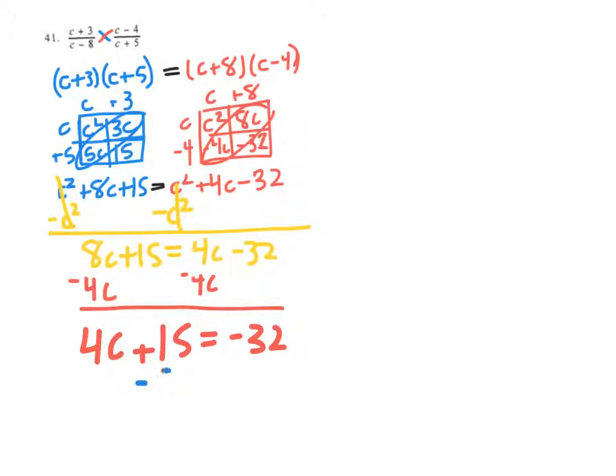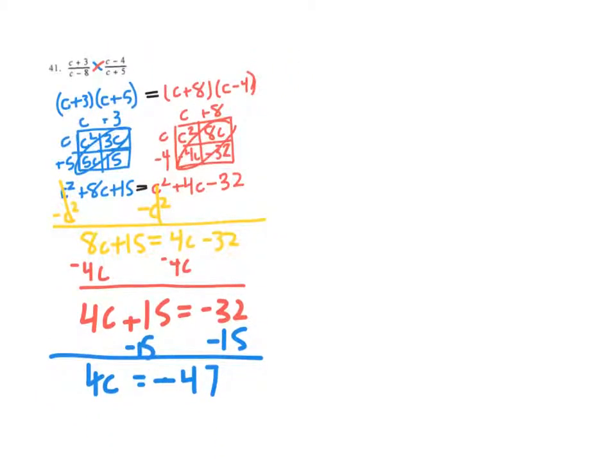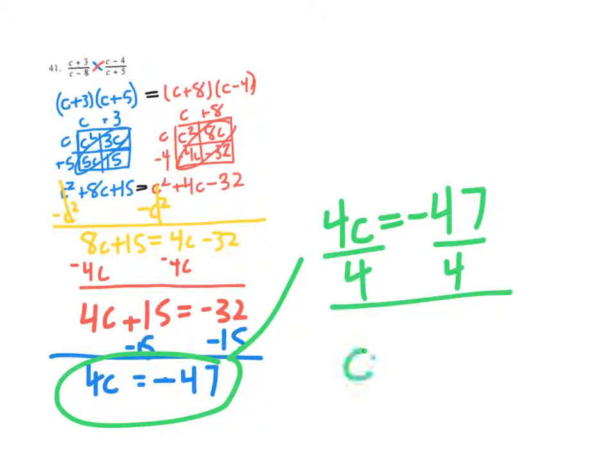I'm going to go ahead and subtract 15 from both sides, which gives me 4c equals negative, what am I going to get? 47. And then we'll actually just bring this over here. So we have 4c equals negative 47. We're going to divide both sides by 4. And your final answer would be c equals negative 47 over 4.